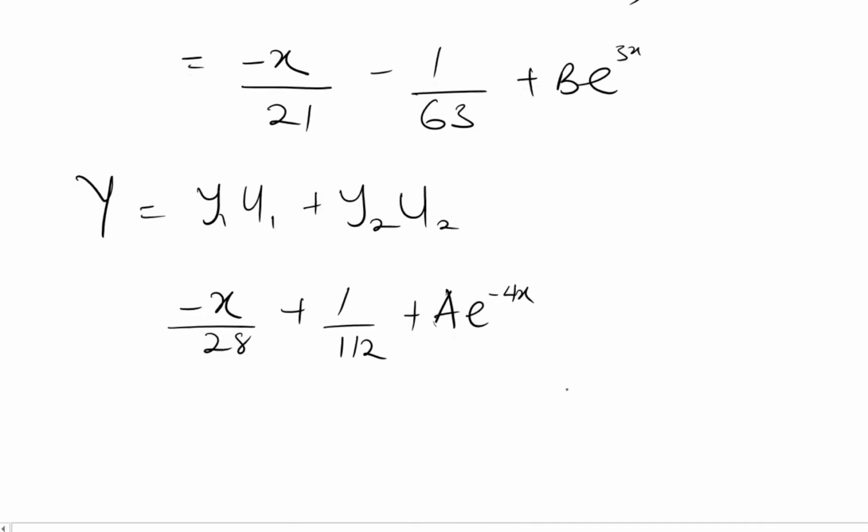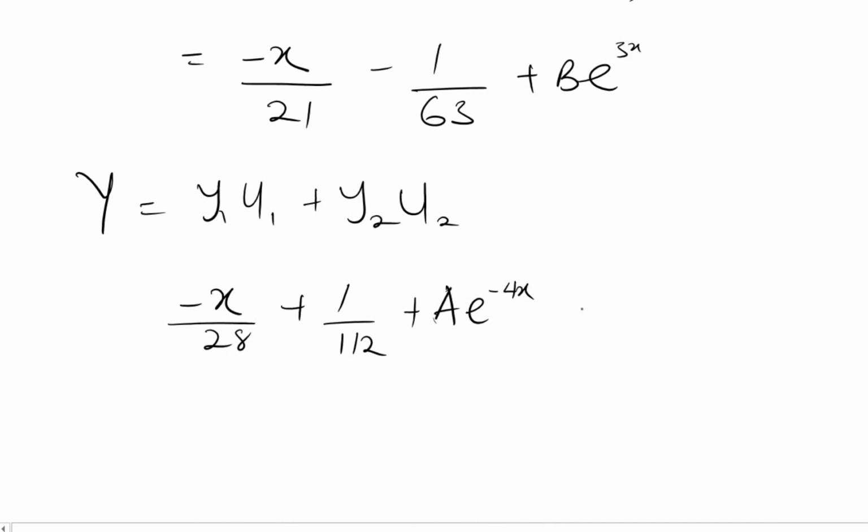This is y1 u1, then y2 u2 is plus directly minus x over 21 minus 1 over 63 plus b exponential of 3x. This is my general y.